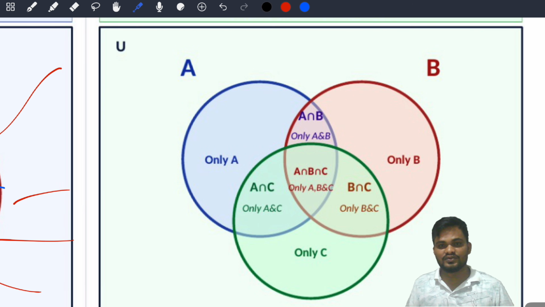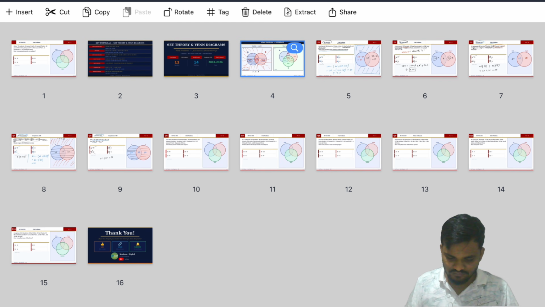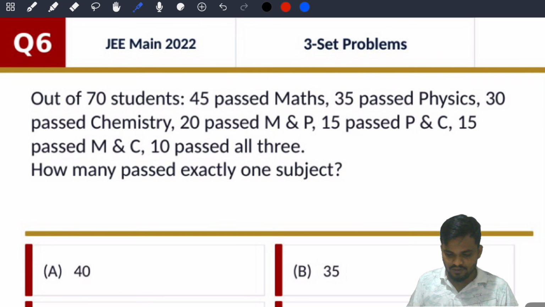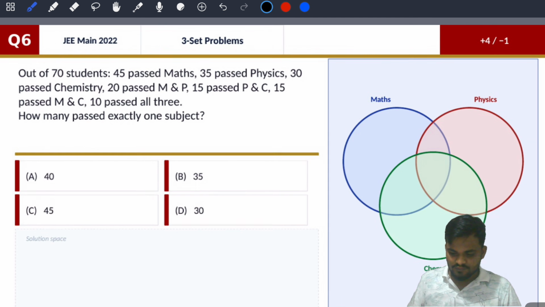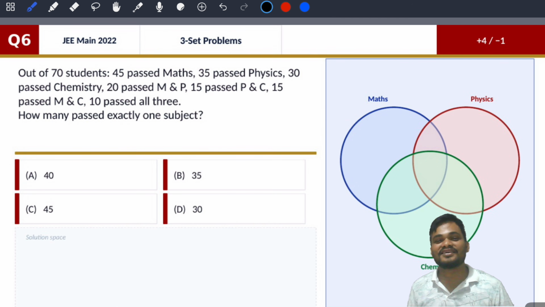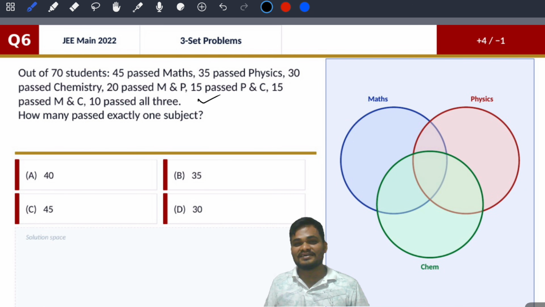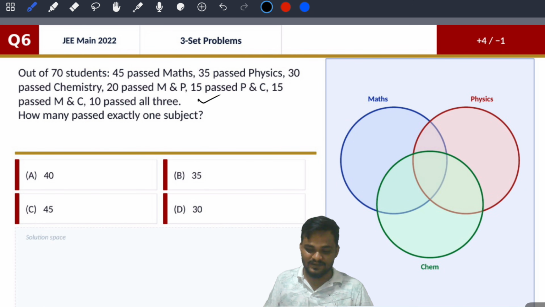Now let me move to the three set problems. Let us consider this question. You may remember I showed you this question at the start of the lecture, and the same question we are going to solve now.